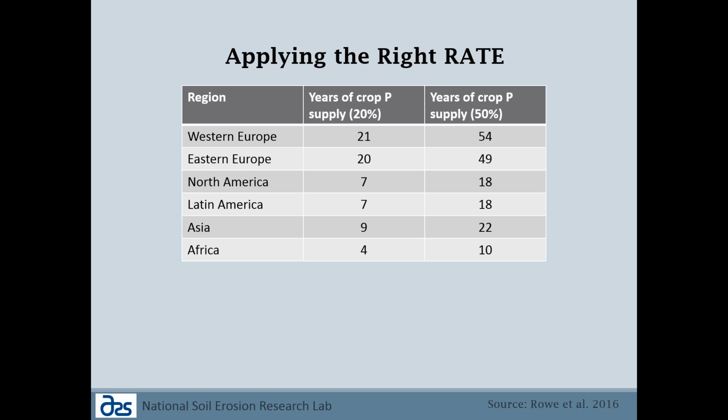And while this is highly site-specific and it's hard to look at soils across North America and compare them to what's in the Western Lake Erie Basin, we need to remember that there is phosphorus in our soils that does become available over time. And we need to account for that phosphorus when we are applying our fertilizer, so not over-applying our phosphorus because there is some in that soil that's already useful and can be taken up by crops.